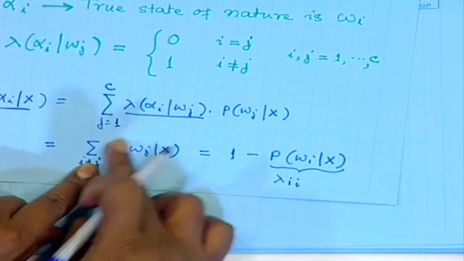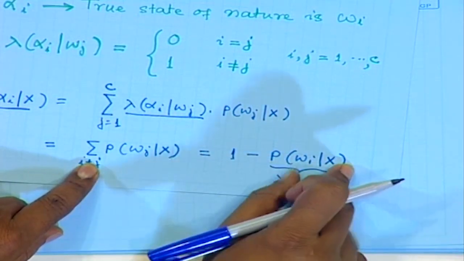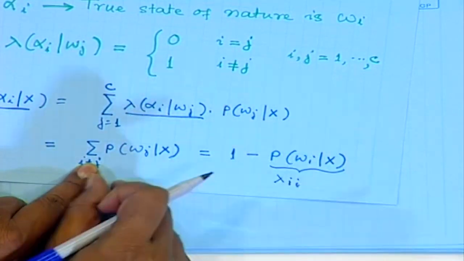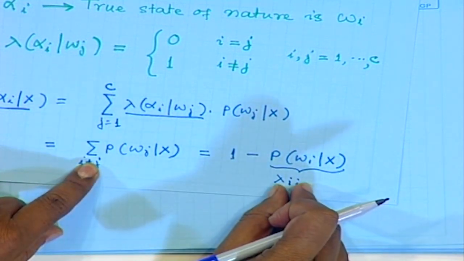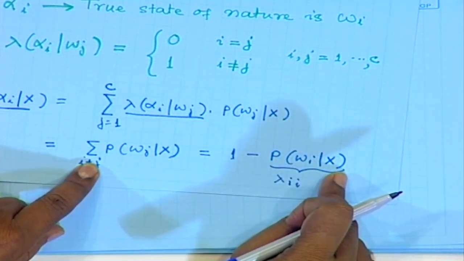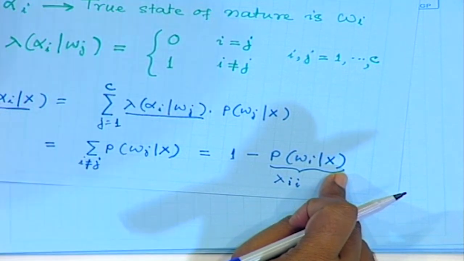That is why the term corresponding to this is absent from the expression. It is only because of this; p of omega i given x itself is not 0.